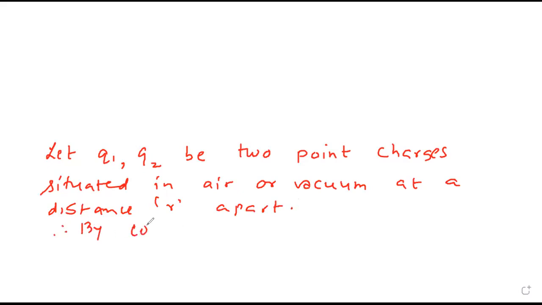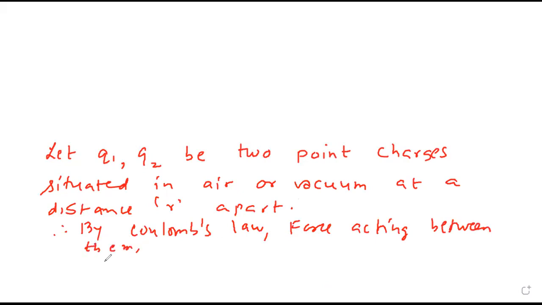Therefore, by Coulomb's law, the force F acting between them is proportional to Q1 Q2 by r square. So directly proportional to the product and inversely proportional, meaning 1 upon the square of the distance between them. Please copy till there.